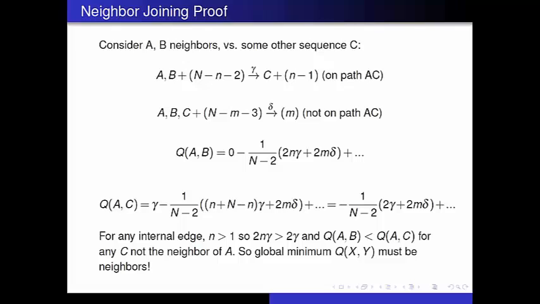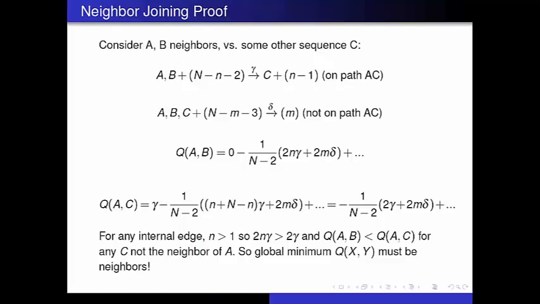But all those cases will be exactly like these two cases, because these two cases cover all the possible contingencies. Either those edges are on the path from A to C, or they're not on the path from A to C. So there will be a bunch of other terms that will be just exactly like these terms, except the little n and little m will be some other number, okay?